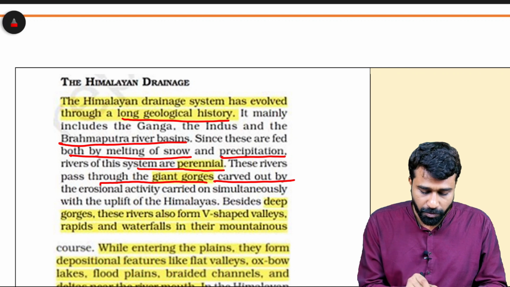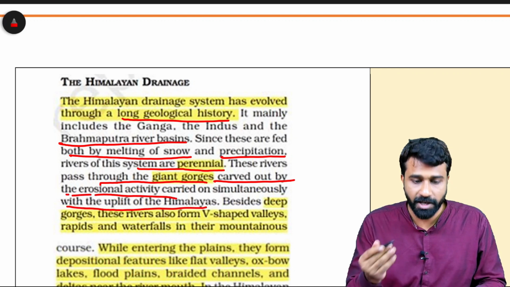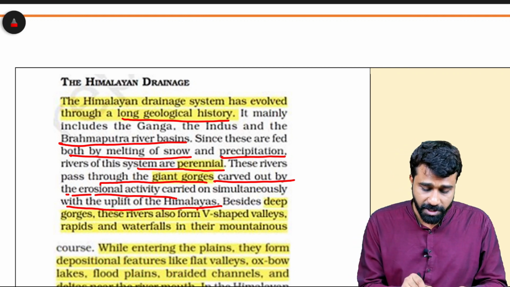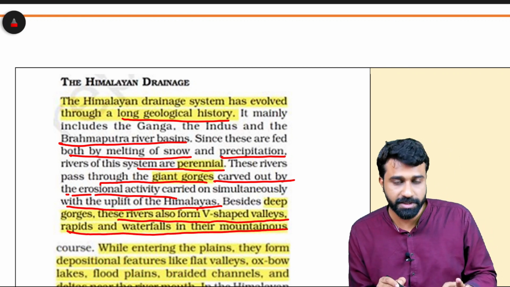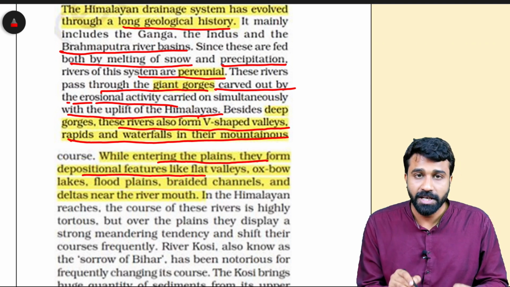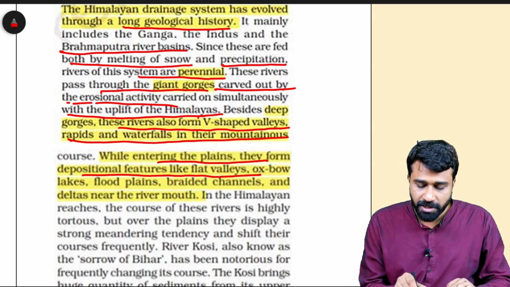Next, these are carved out by erosional activity, with simultaneous upliftment of the Himalayas taking place. Besides deep gorges, these rivers also form V-shaped valleys, rapids, waterfalls in their mountainous course. While entering the plains, they form depositional features: flat valleys, oxbow lakes, meanders and floodplains, braided channels.